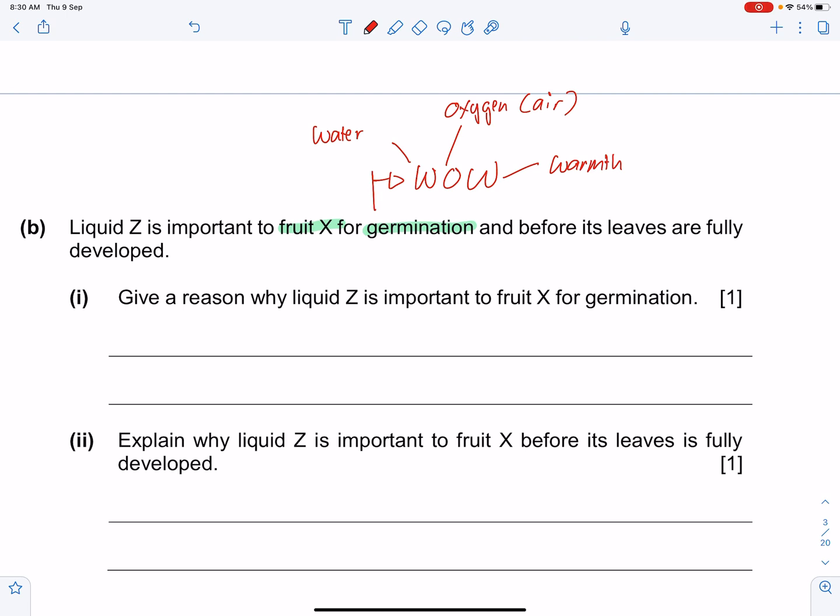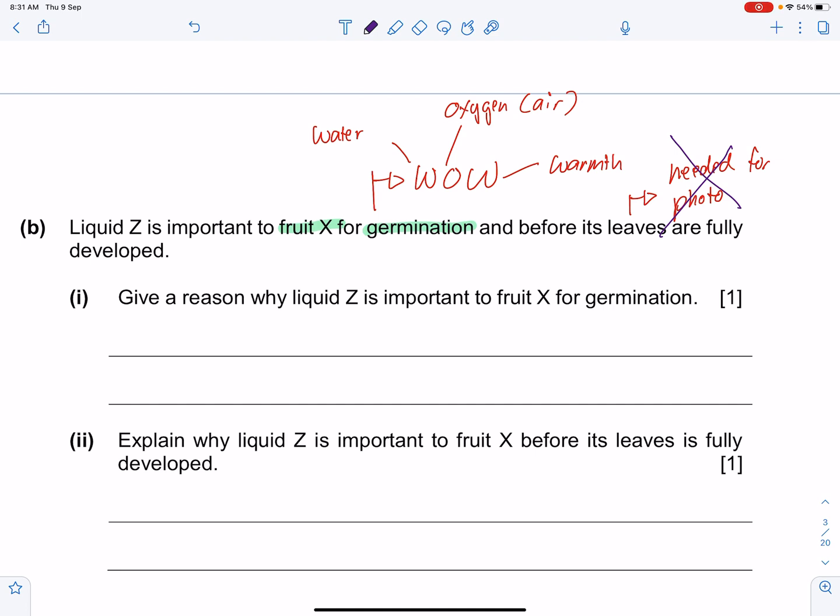It says that liquid Z is important for germination and before its leaves are fully developed. So when I think about leaves being fully developed, I think the leaves are needed for photosynthesis. If the leaves are not there, then photosynthesis cannot occur, then I will have no food.